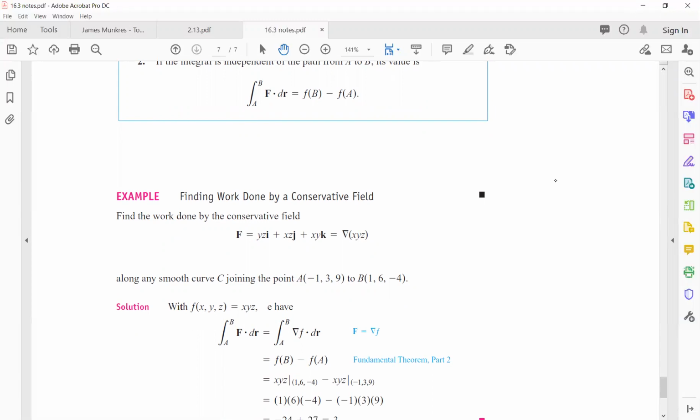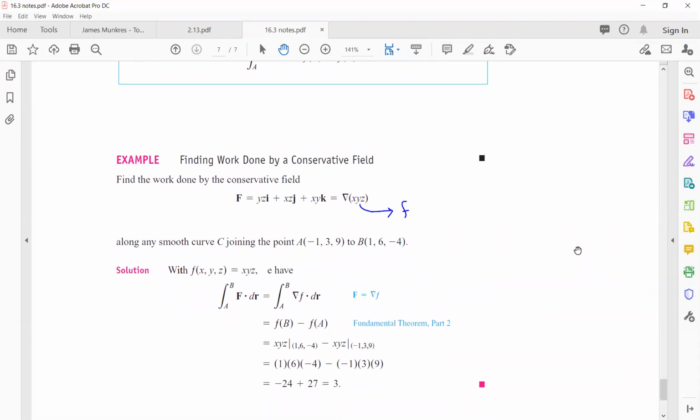We already know that this is equal to potential function at the upper limit or endpoint minus the potential function at the lower point or beginning point. Since your potential function is x, y, z, we just copy it down and evaluate this at these 2 points. Then by doing the algebra, the work is just 3.